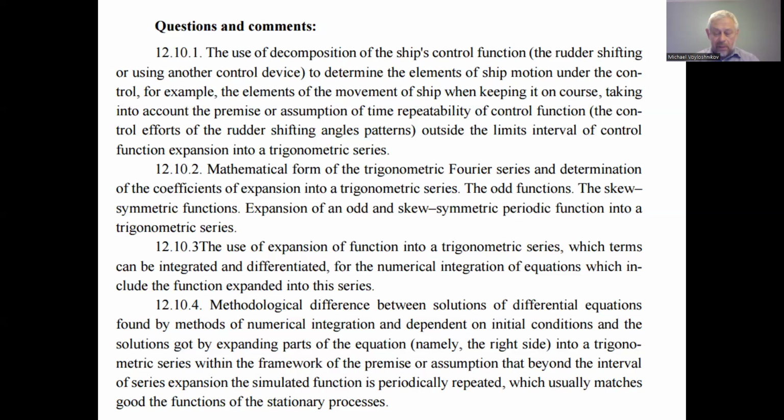When this periodic process is not of an analytic nature from the mathematical point of view, then it is very fruitful to substitute this dependence of the control actions on time by the trigonometric Fourier series, each term of which we can differentiate or integrate. This could be suitable to find the particular solution of the inhomogeneous equation of the ship motion in particular.